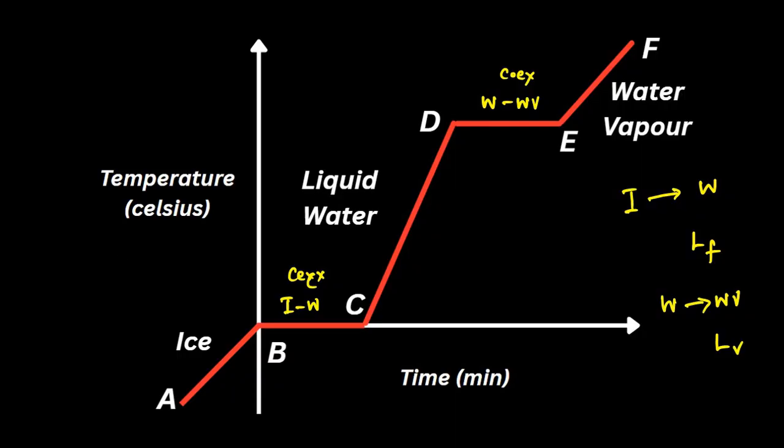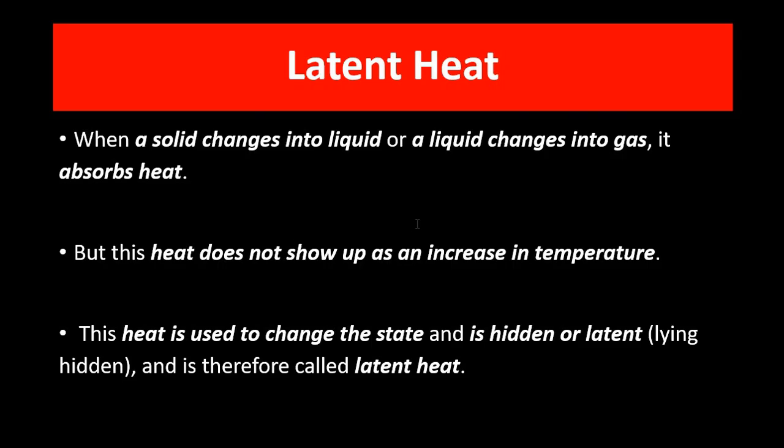This is the concept of latent heat. So when a solid changes into liquid or a liquid changes into gas, it absorbs heat. But this absorbed heat is not exhibited through an increase in temperature, and it is used to change the state entirely. And that's why it is called latent or hidden heat.